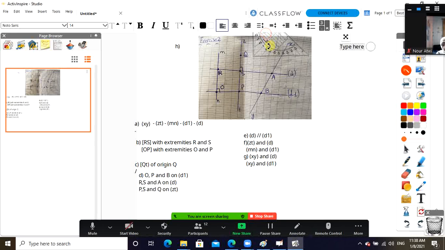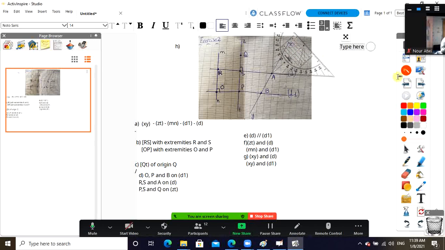Sorry. I cannot make it since my set square is not clear here. Okay, I will move it to A. Like that. Okay?